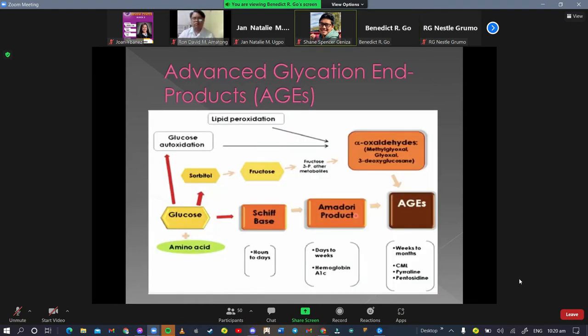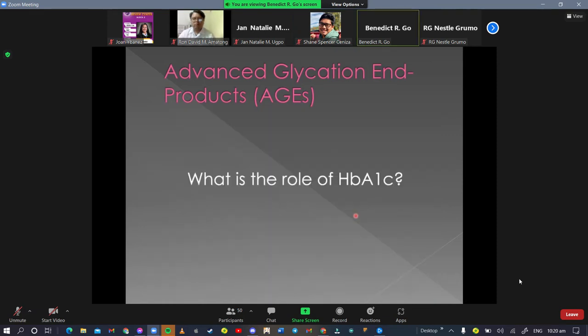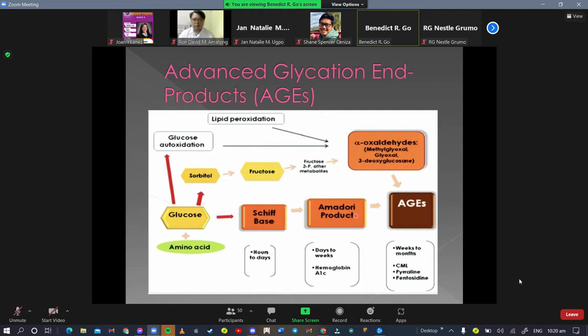Oh wait. Okay. So I missed that other slide. It's not here. So you're right. HbA1c is your glycosylated hemoglobin. They can be irreversibly attached to your hemoglobin. And you failed to mention that this can give an estimate of the blood sugar control of the patient for the past, just an average, 3 months.